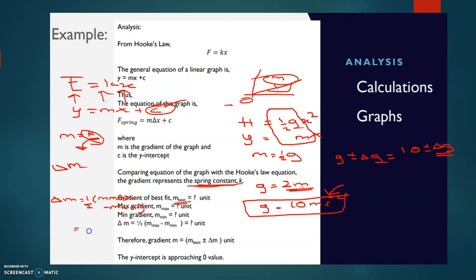Right? So this is the formula for how you calculate delta m. The delta m will reflect the delta g. So you need to calculate delta m, so that your calculated g is provided with its uncertainty.